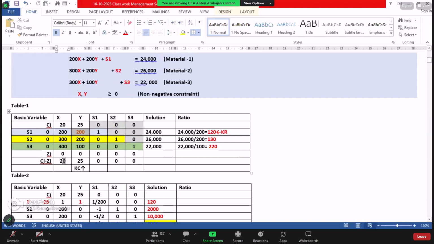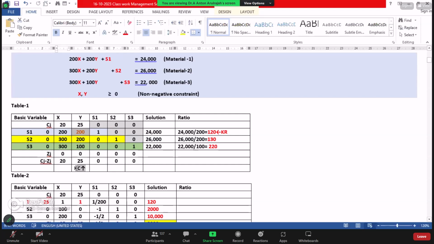So the producer will give first priority to where the profit is maximized, which product is giving maximum profit. Therefore, that's why we use the Cj minus Zj row. The highest possible profit is in that product. That's the way we select the key column.